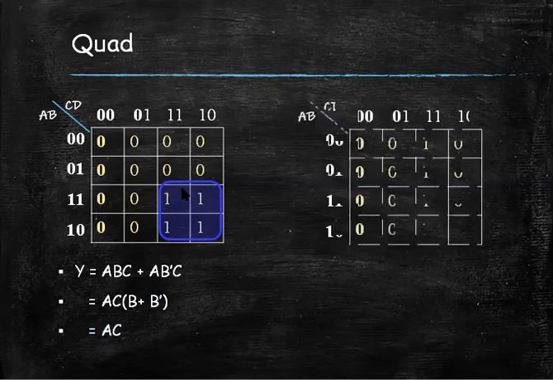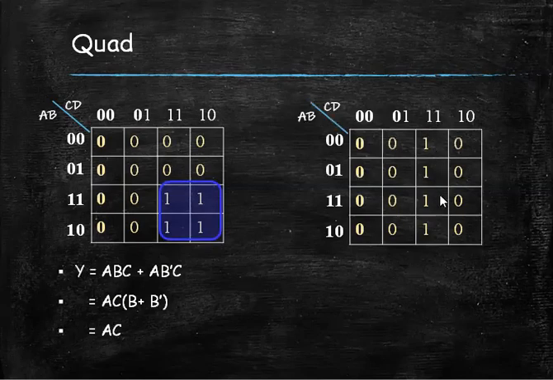Okay, consider another example. It is a vertical quad. It is very simple. When we move vertically, only CD remains constant. Then the result must be CD.